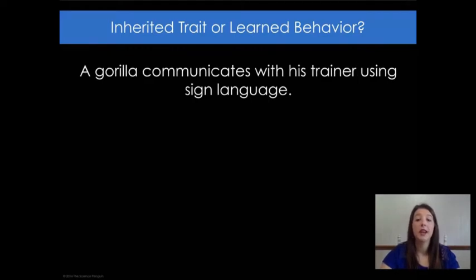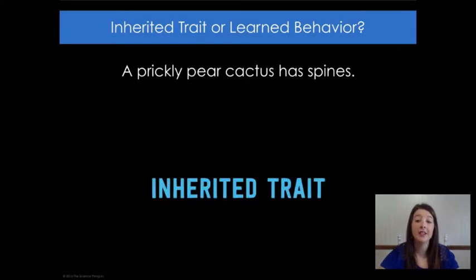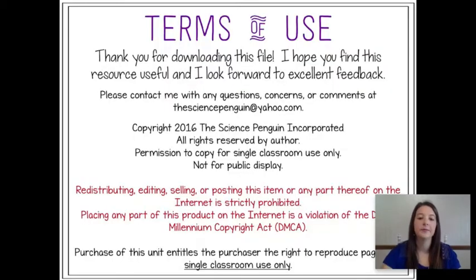A gorilla communicates with his trainer using sign language. Learned behavior. Very good. A prickly pear cactus has spines. Inherited trait. And that's a physical characteristic. That's something that describes how it looks.